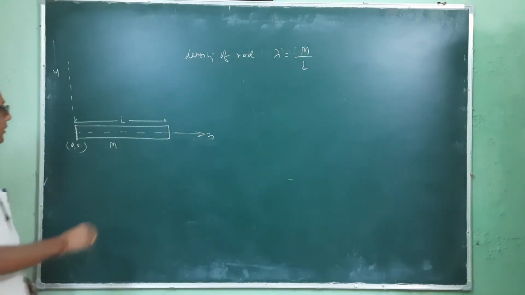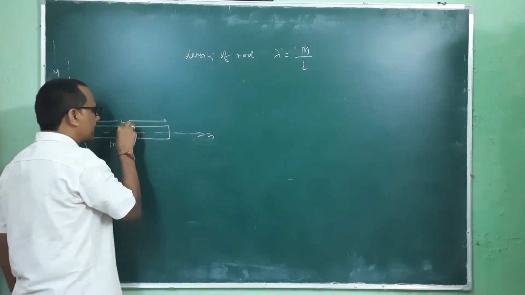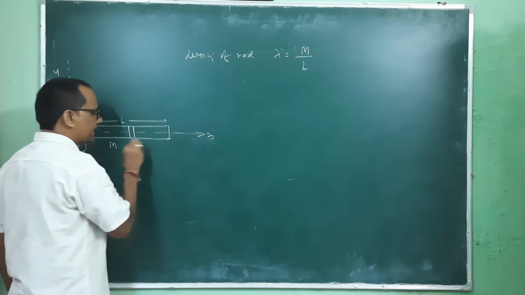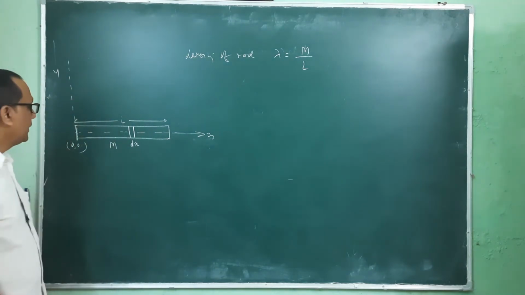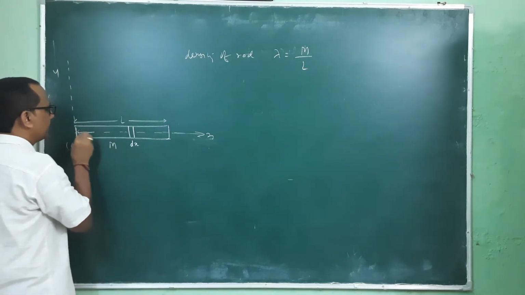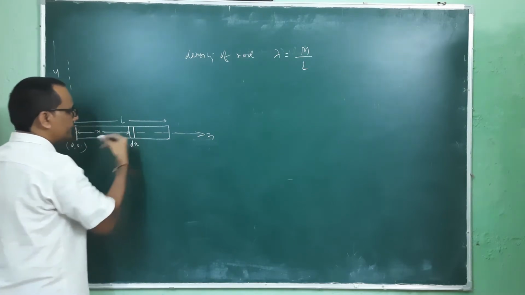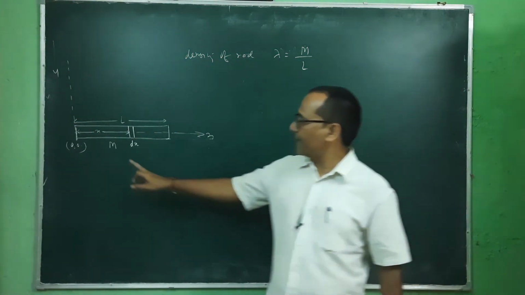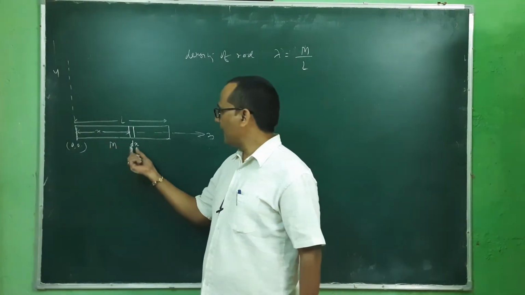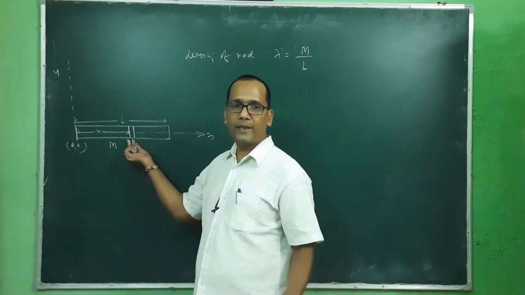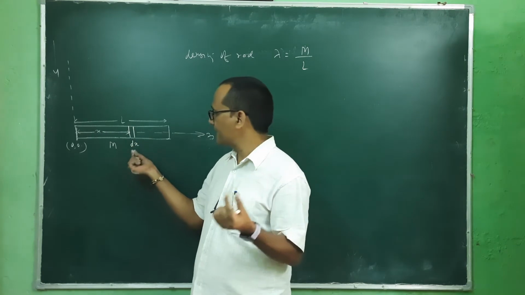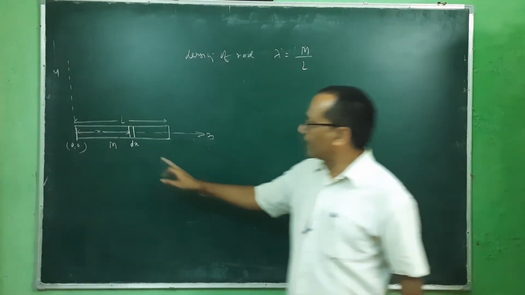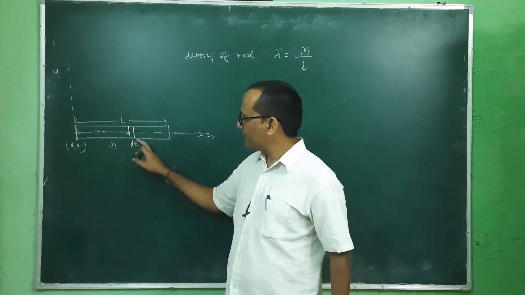So what we will do, we will take one small segment somewhere here of thickness dx at the position of x. So from the origin at the distance x, we have a very small segment, small part, that is of thickness dx. And now we will calculate the mass of this dx part.